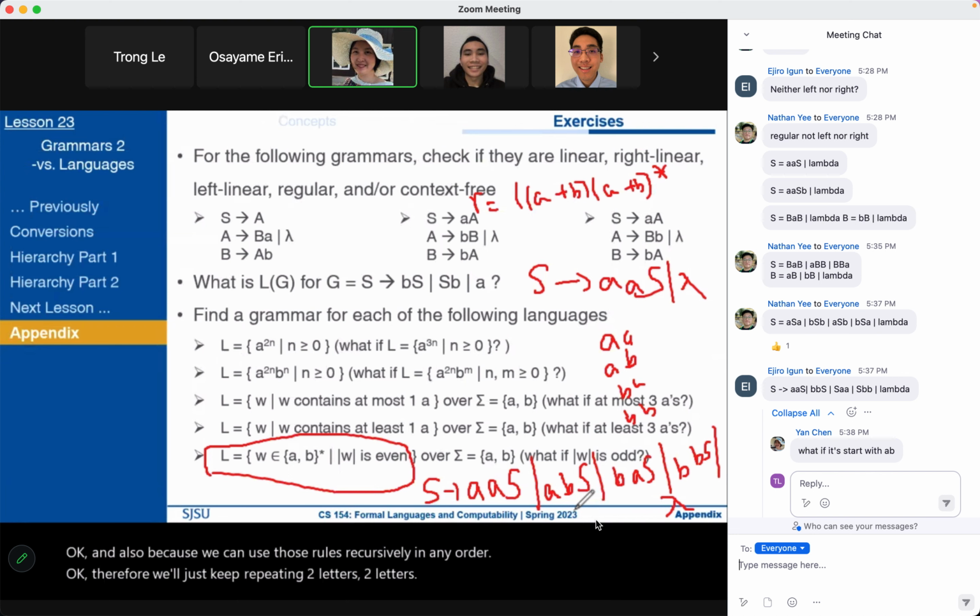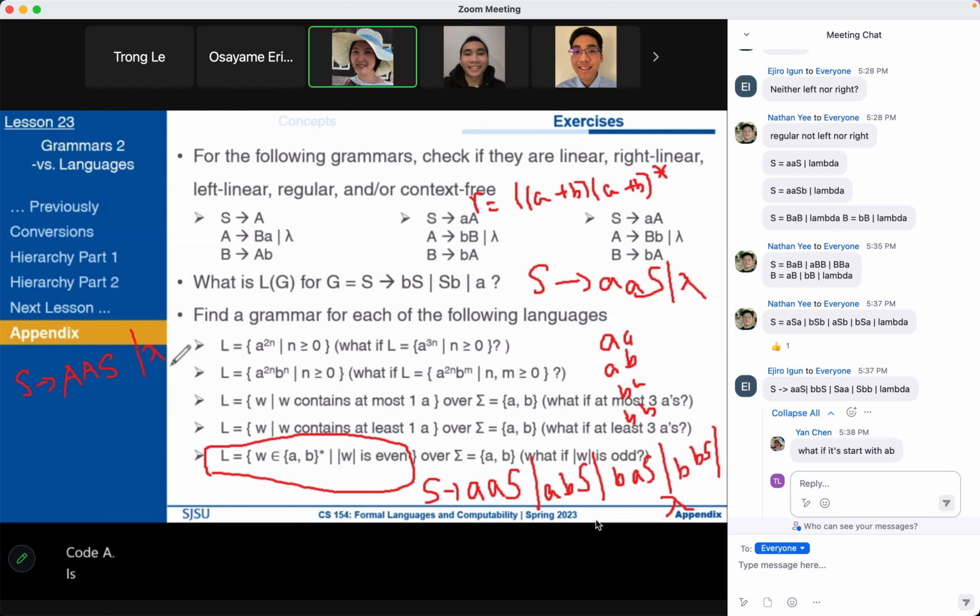Or what you can also do is say S equals, I don't know, call it A A S, where this A can be either A or B. Right, so these two are equivalent to each other.